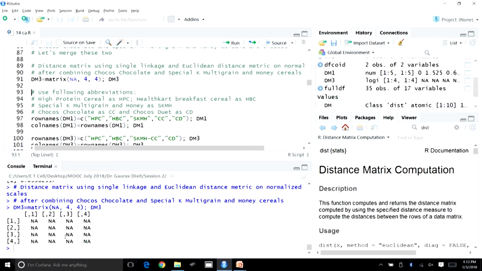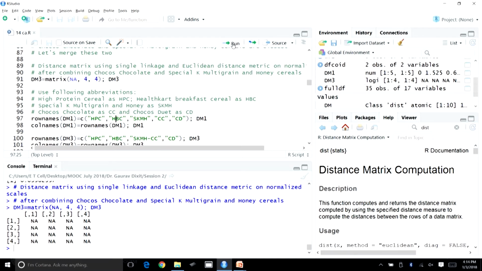So for this 4x4 matrix that we have just created, we will change the row names and column names, so that we are able to understand which particular cereals we are talking about. Let us change the row names. First we are changing the row names for DM1, our original 5 cross 5 matrix, and then we will do the same for the 4 cross 4 matrix.